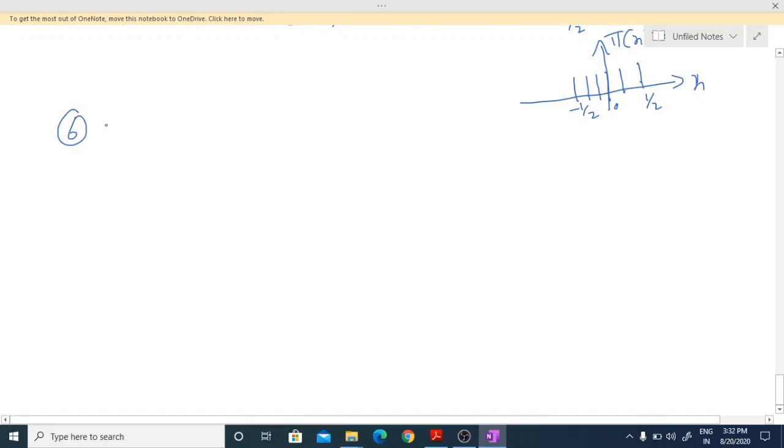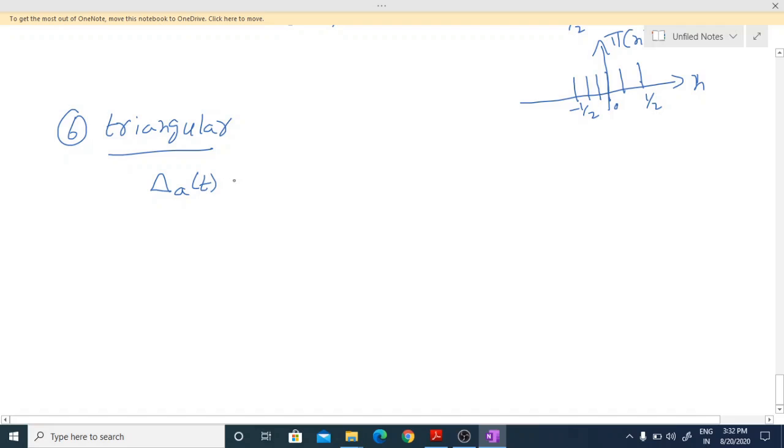And the sixth one is the triangular signal. This triangular signal is defined with delta A of t.